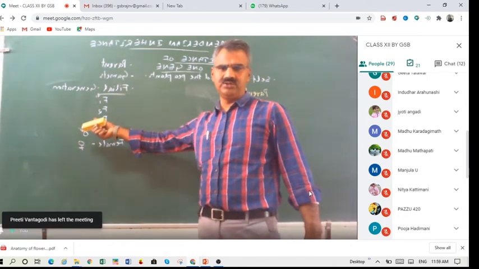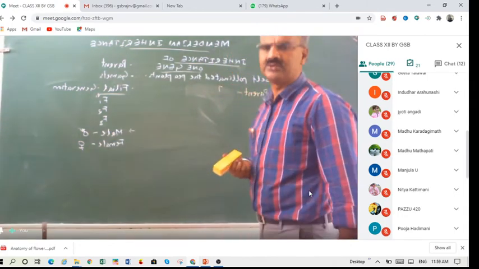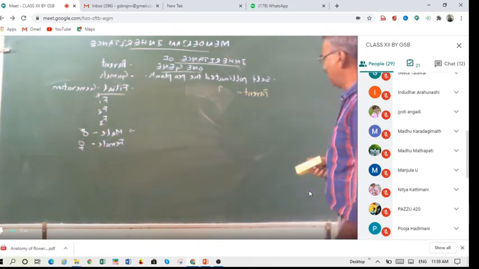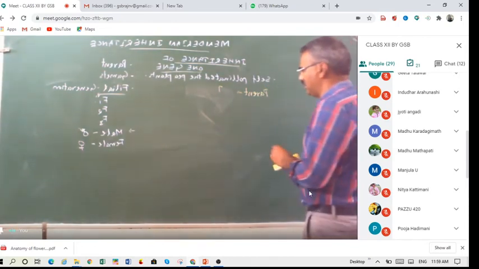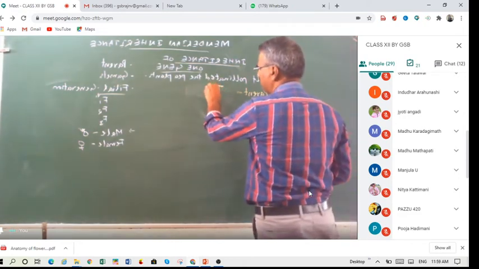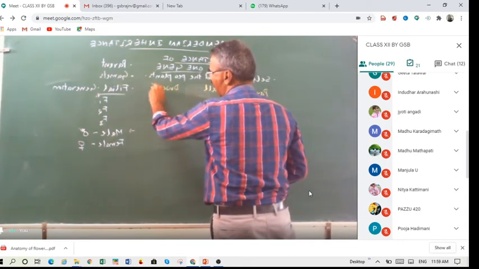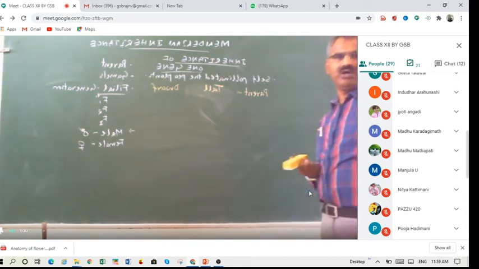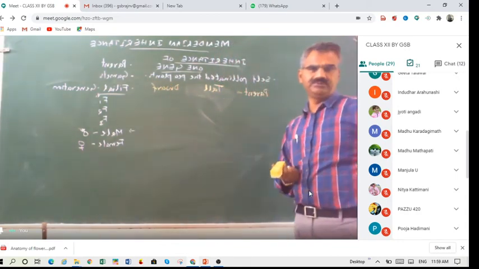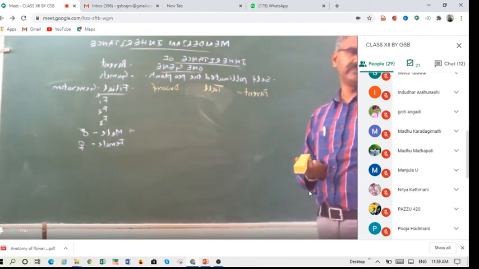You can see male and also female. And in this parent, he took the tall plant and also the dwarf plant. Tall and also dwarf plant.